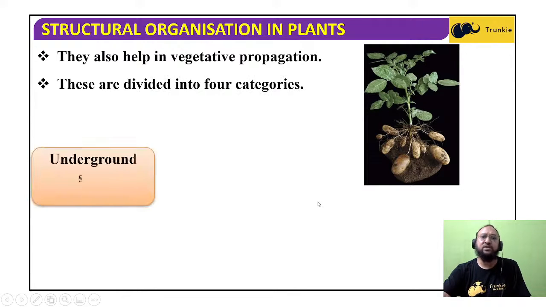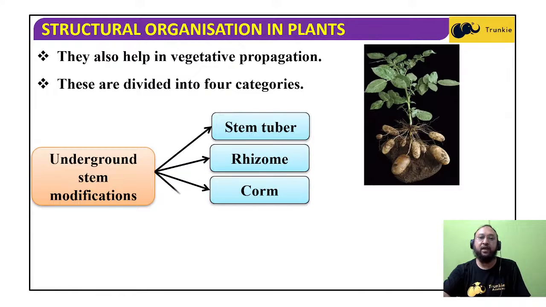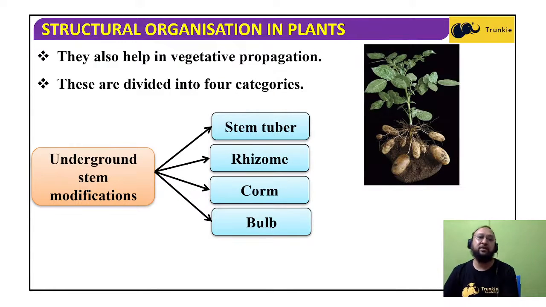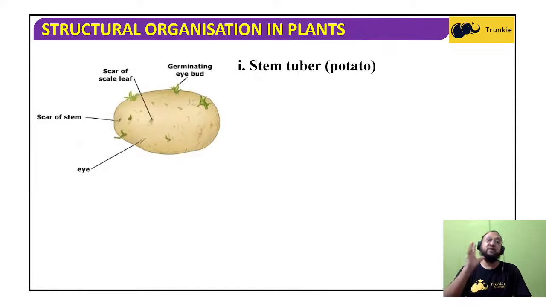They are divided into four categories of underground stem modifications: stem tuber, rhizome, corm and bulb. Try to understand this one. In fully underground stem modification there are four types. Stem tuber means potato, the best example. This potato is not a fruit or root; it is a modified stem.